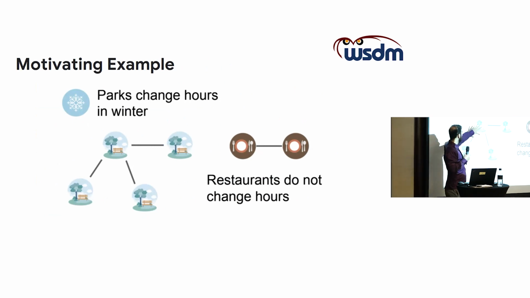Or maybe there are edges between the businesses, like between the restaurants in the same neighborhood. If one of them changes the hours, the other one will change the hours as well. So there are some graph structures that say if one of them is changed, probably these neighbors are changed as well, right?